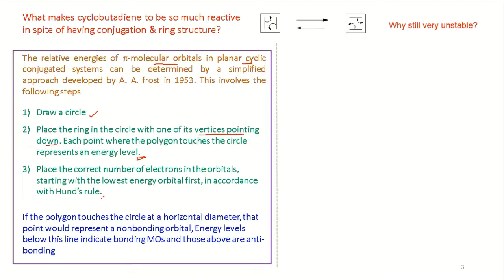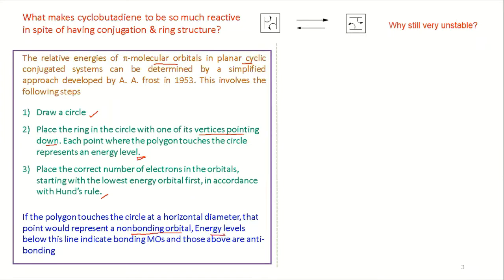Each energy level will have 2 electrons. If two energy levels are degenerate, of the same height, then you put 1 and 1, and if you have more, you again put 1 and 1. This is the way we follow Hund's rule to populate the different energy levels. Now, where the polygon touches the circle at a horizontal diameter, those points represent the non-bonding orbitals.